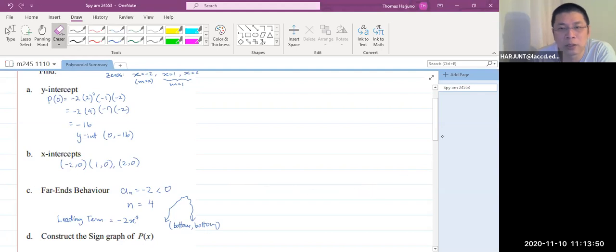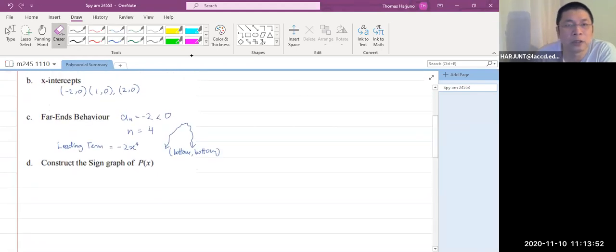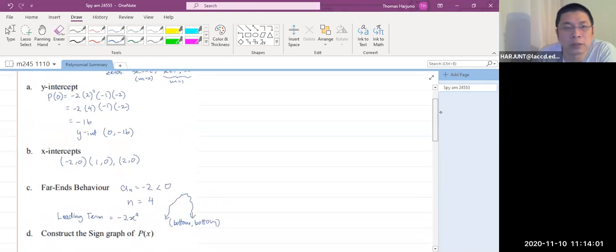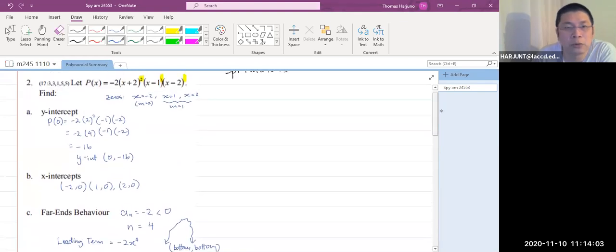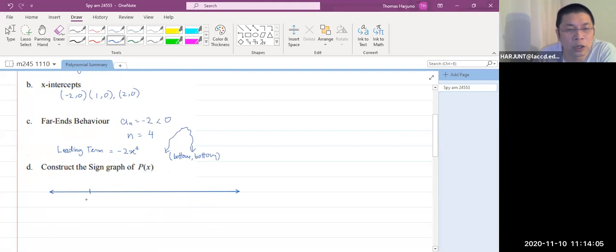Now, how about the sign graph? We have critical numbers -2, 1, and 2. Those are the zeros, right? And we also know the far end behavior are bottom. So the far right will be negative, the far left also negative.